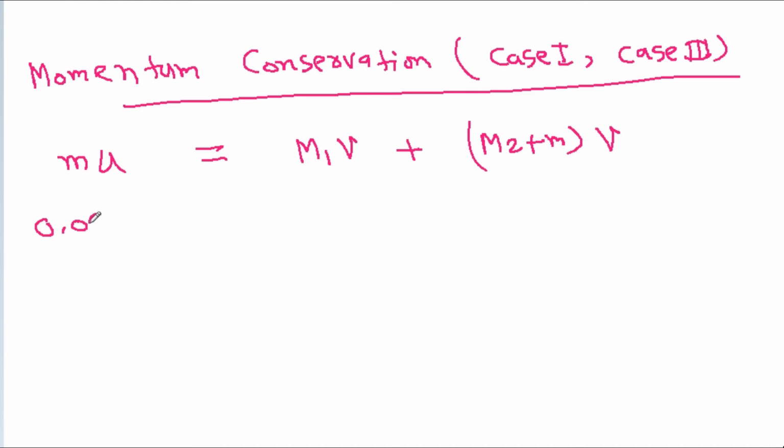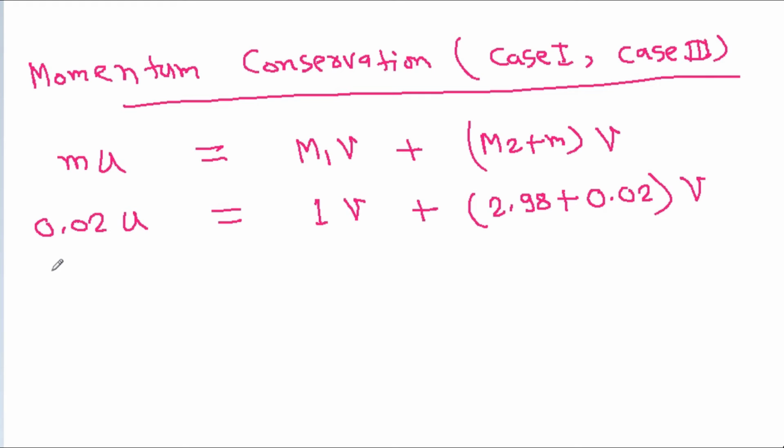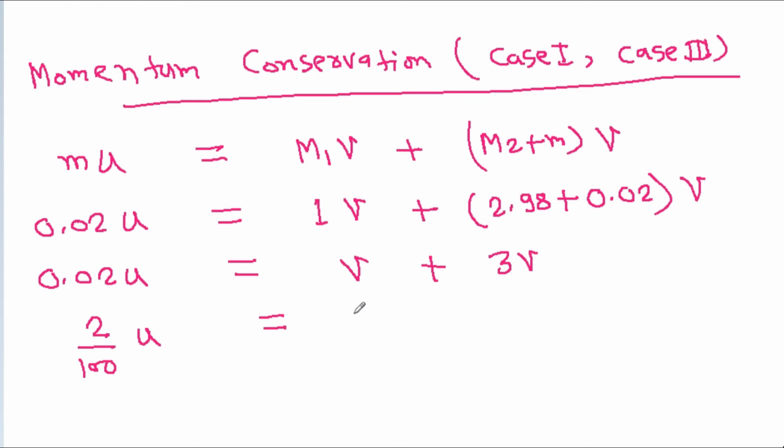And m is 0.02 kg, so 0.02 u is equal to 1 times v plus (2.98 plus 0.02) times v, and it is 0.02 u is equal to v plus 3v, and it is 2 by 100 u is equal to 4v, or u will be equal to 400 by 2, that will be 200v. Suppose this is equation 1.